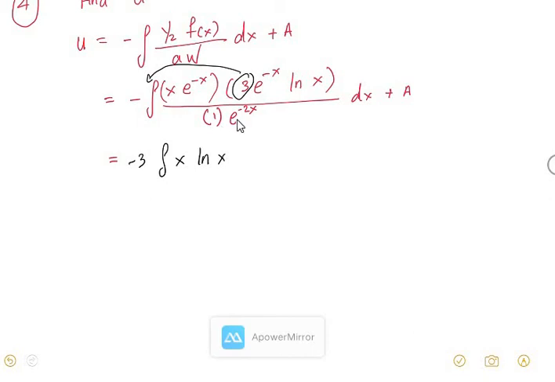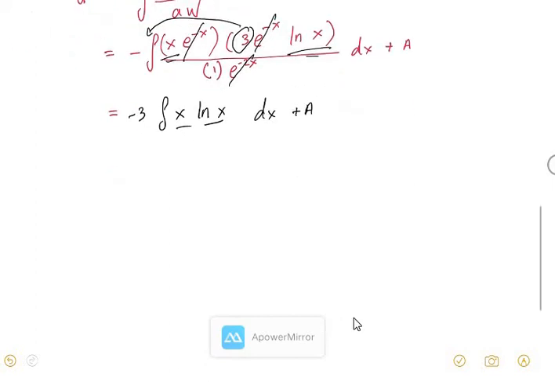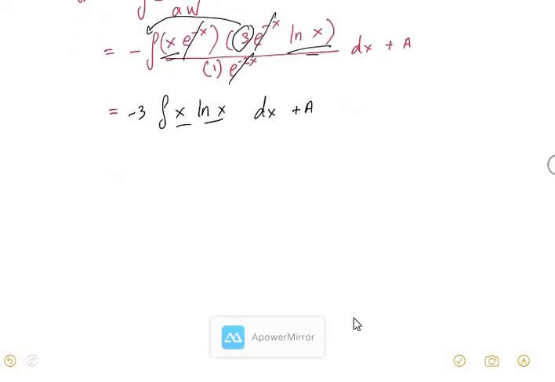So 3 is a constant, so you take it out. So negative 3 times x ln x, and then you have exponent x as this one, and this one all cancels out. So you are left with x ln x dx plus a.